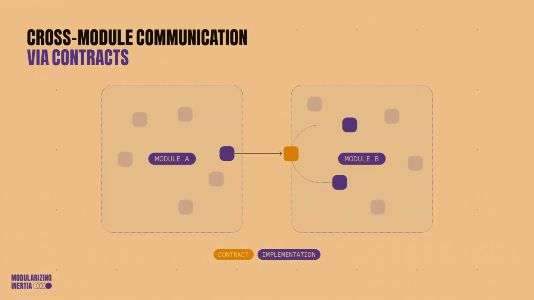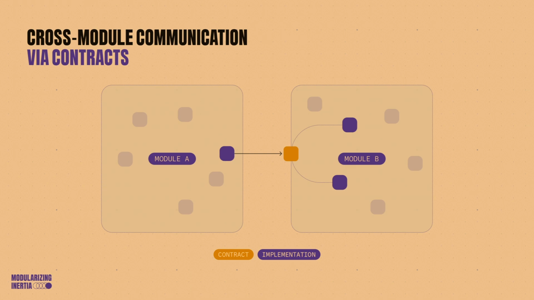And modules talk to each other through a contract, which is basically a PHP interface that defines the expected input and output of the method. And the good thing about the contract is that it encapsulates all the implementation details of a module. And when module A talks to module B, it doesn't have to know how module B works under the hood.